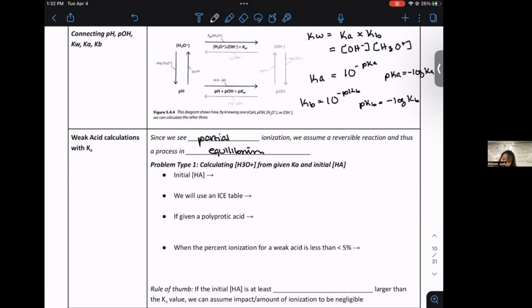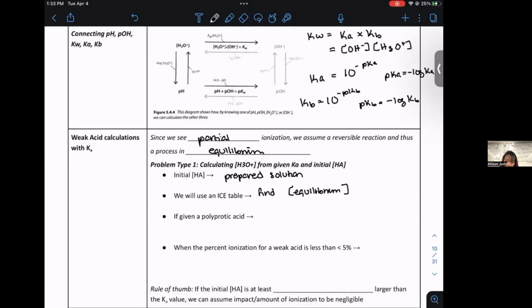Okay, so calculating H3O plus from given Ka and initial HA. One, you got to remember that the initial acid is the prepared solution. Like, you're going to be told it. And then we're going to use an ice table to find the equilibrium concentrations.